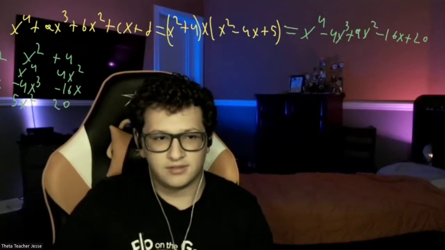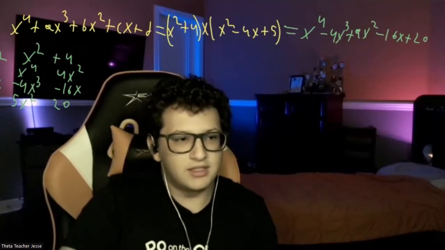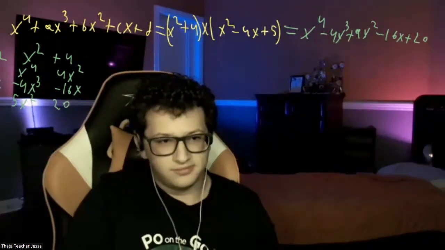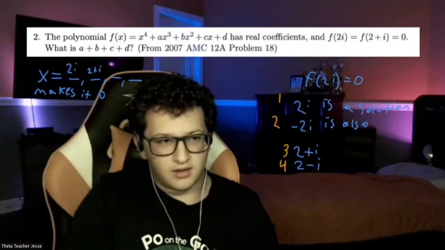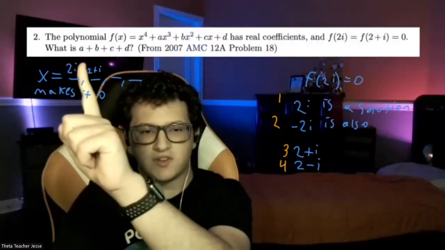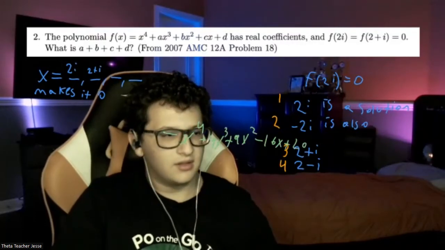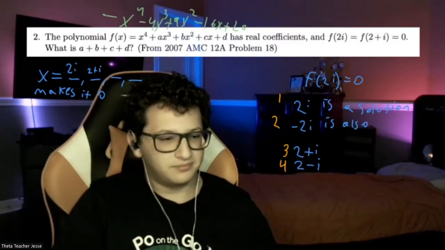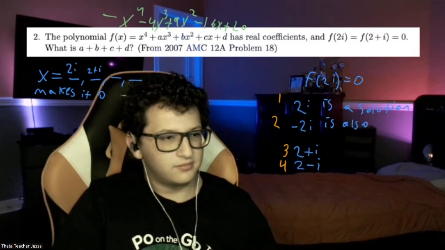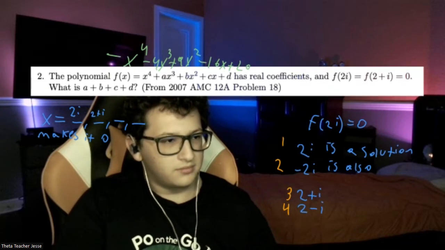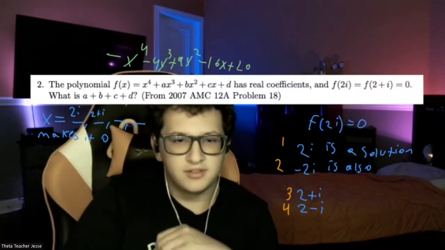Okay, let's go back to our question. All right, don't forget, our question is, what is a plus b plus c plus d? Well, let's just match it up. Okay, here we go.